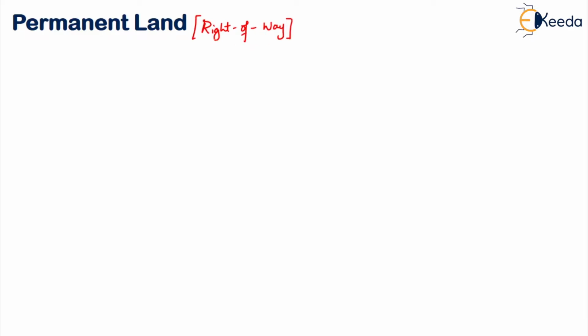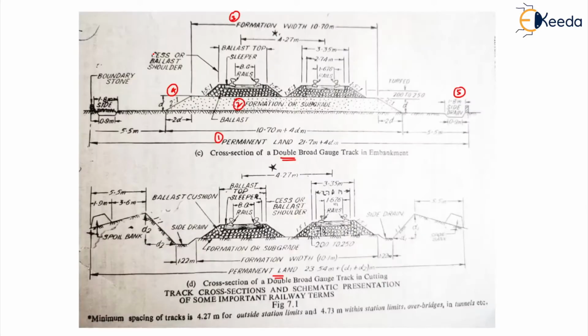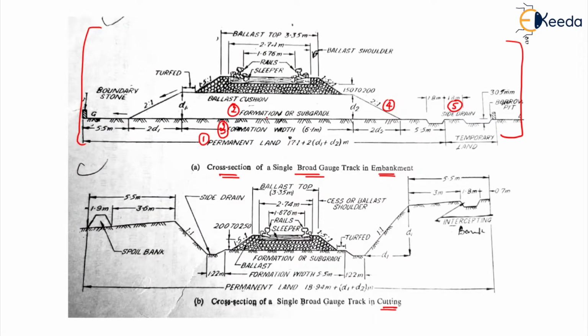So the land which the government has acquired for the construction and development of the railway track is what is called your permanent land. In this diagram, from this boundary stone up to this boundary stone, this entire thing is your permanent land.